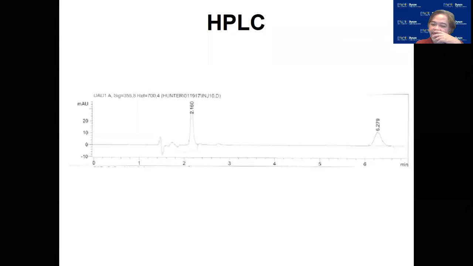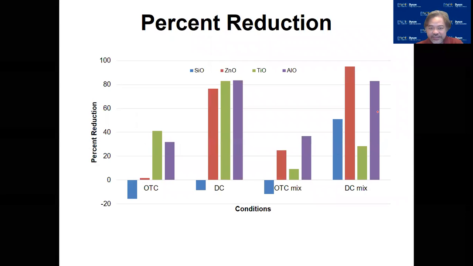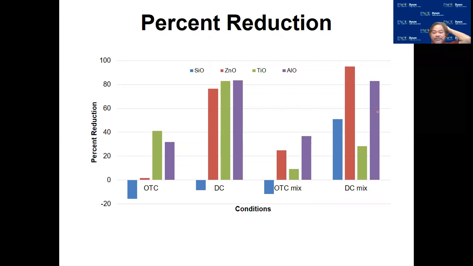If we look at this peak, we are able to identify that this is the oxytetracycline and this is the doxycycline. So what we did is we determined the peak area of the antibiotics that are present on their own and of the antibiotics that were mixed with the nanomaterials and then filtered. And this is what we found.